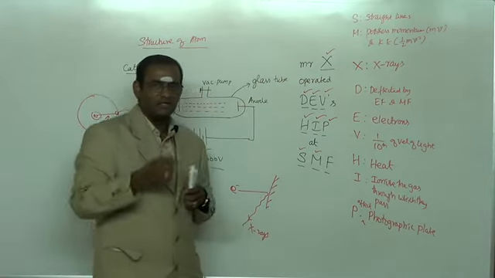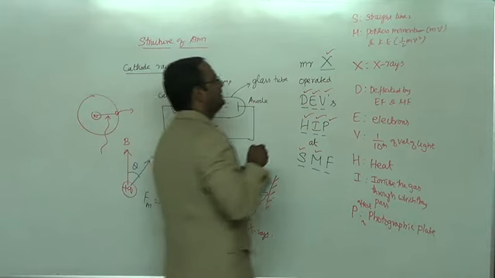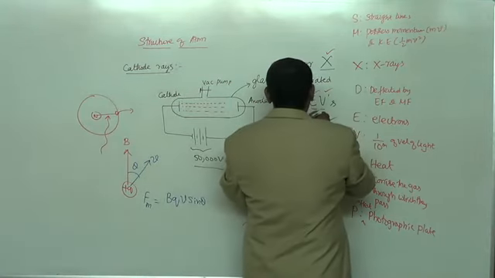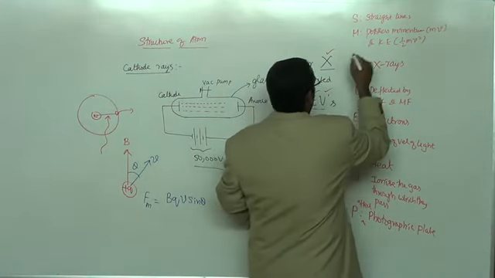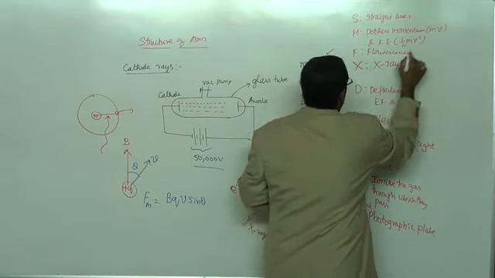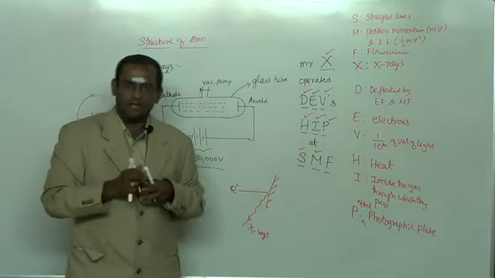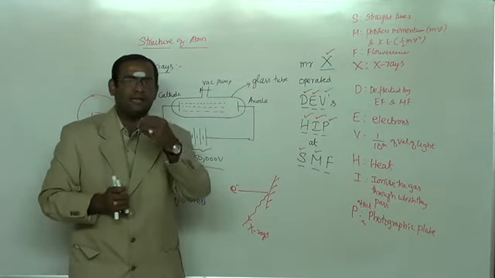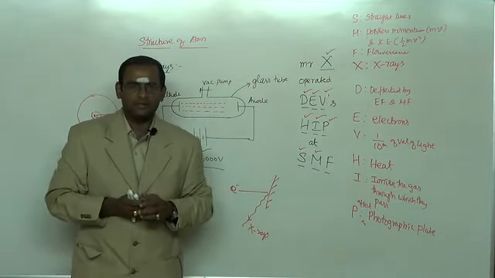Now last but not the least, they produce fluorescence. Cathode rays produce fluorescence. What do you mean by fluorescence? Children, you will study fluorescence later on also. Now I will simply explain the concept of fluorescence.